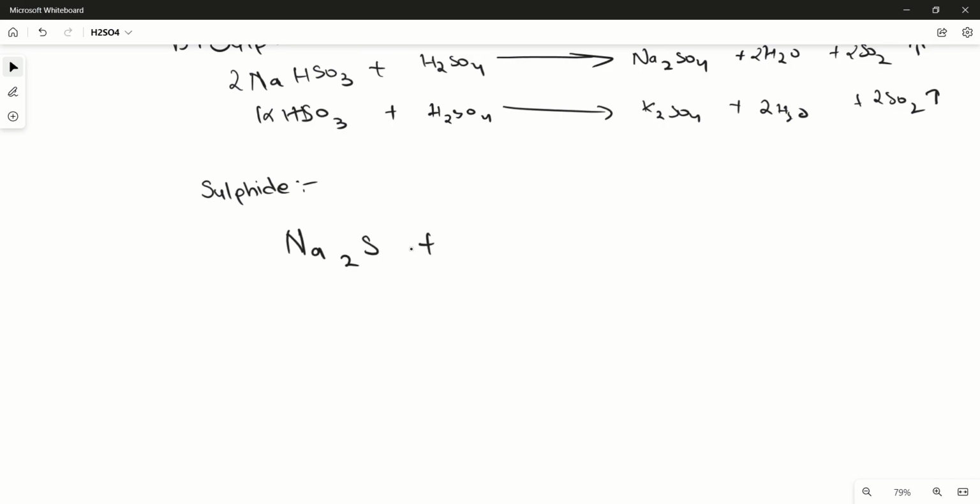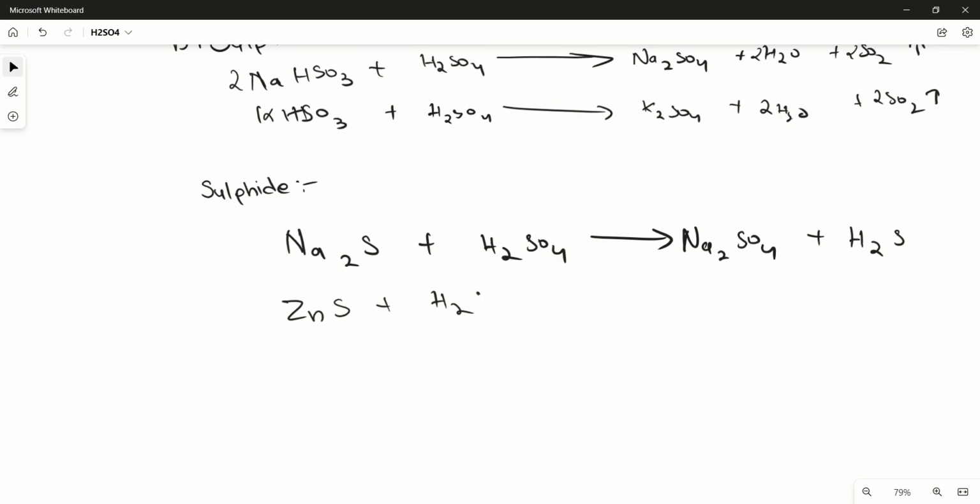Na2S plus H2SO4. What is for this? It'll be hydrogen sulfide. So Na2SO4 plus H2S, there's no water in this, just H2S. That's it, right? Yeah, this is a double displacement reaction. These two exchange their partners. Anyways, let's take another one.